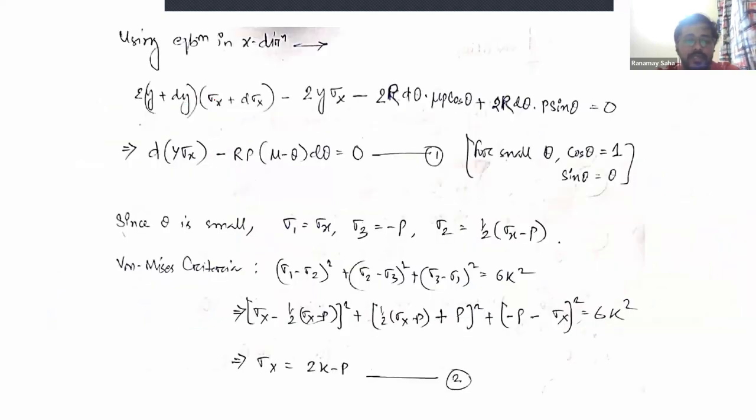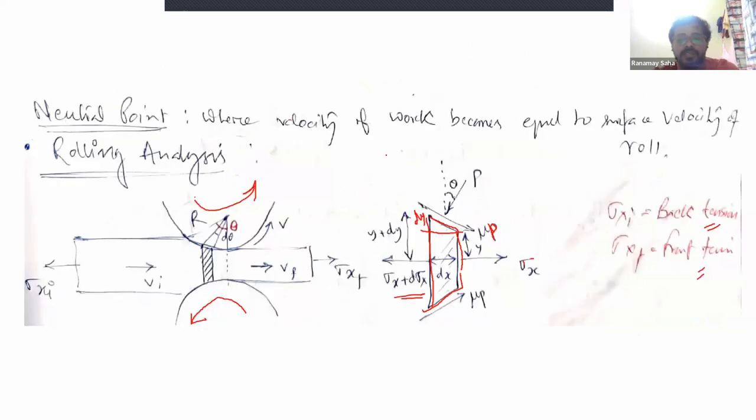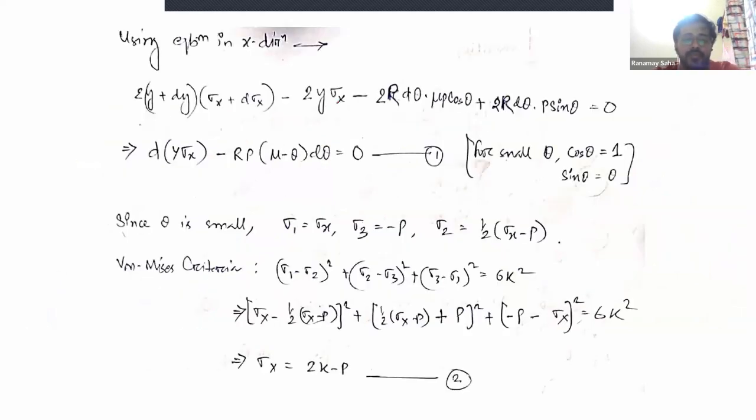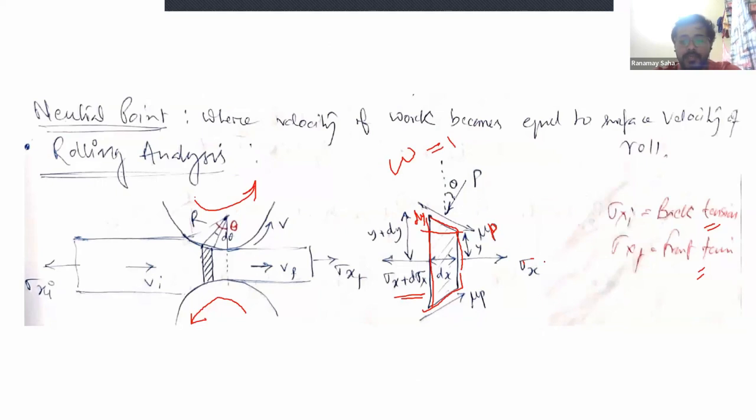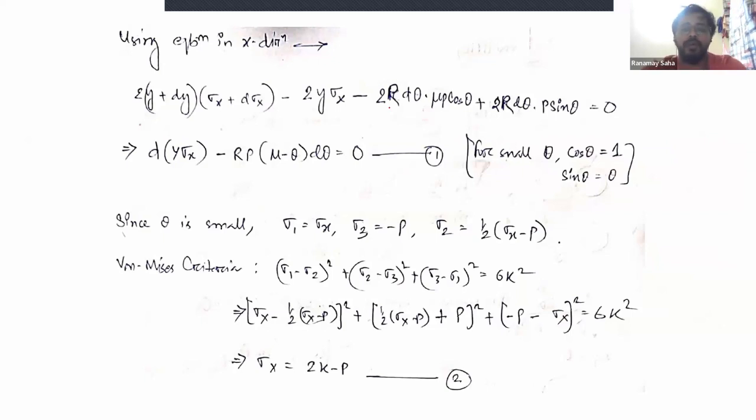So y plus dy, sigma x plus d sigma x. Force balance: stress into area, we take unit depth of this sheet, so W becomes 1. Out of the area, we have only y plus dy. So y plus dy into sigma x plus d sigma x on the LHS, and y into sigma x on the RHS, minus twice of R d theta into mu P cos theta.